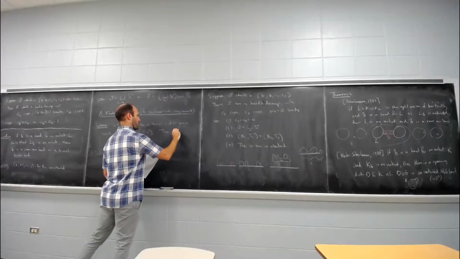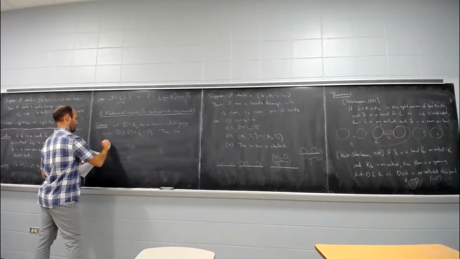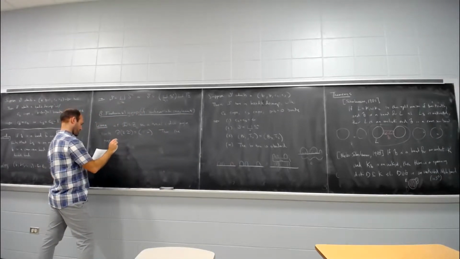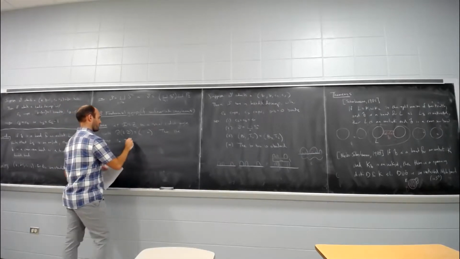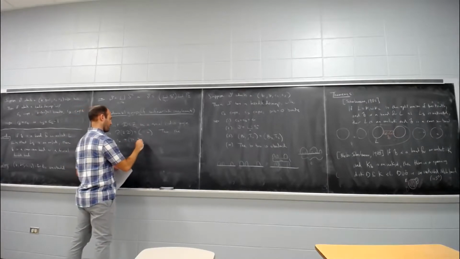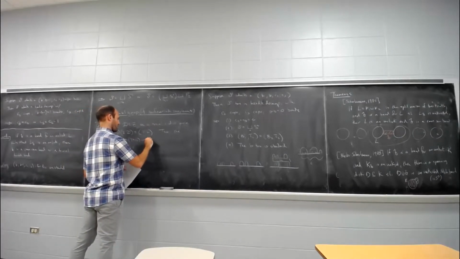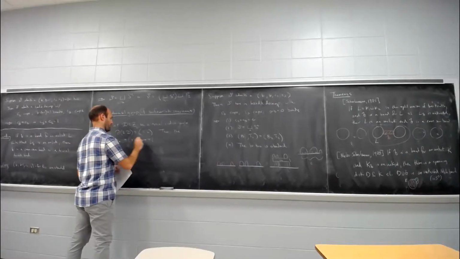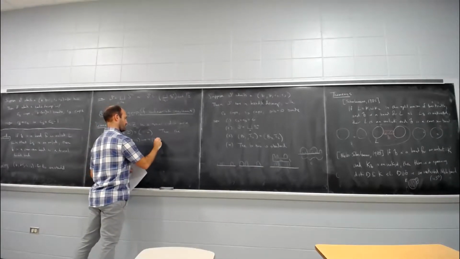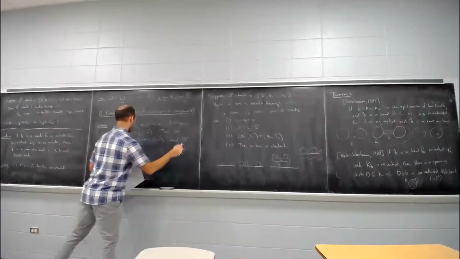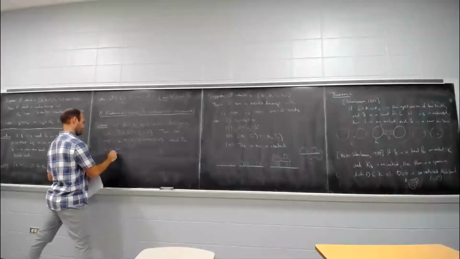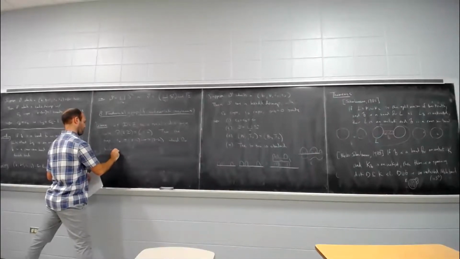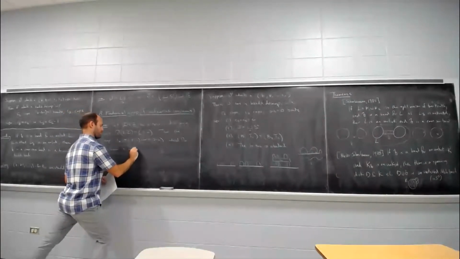Then the map I star from pi1 of Y minus L to pi1 of Z minus D, induced from inclusion, is an isomorphism.